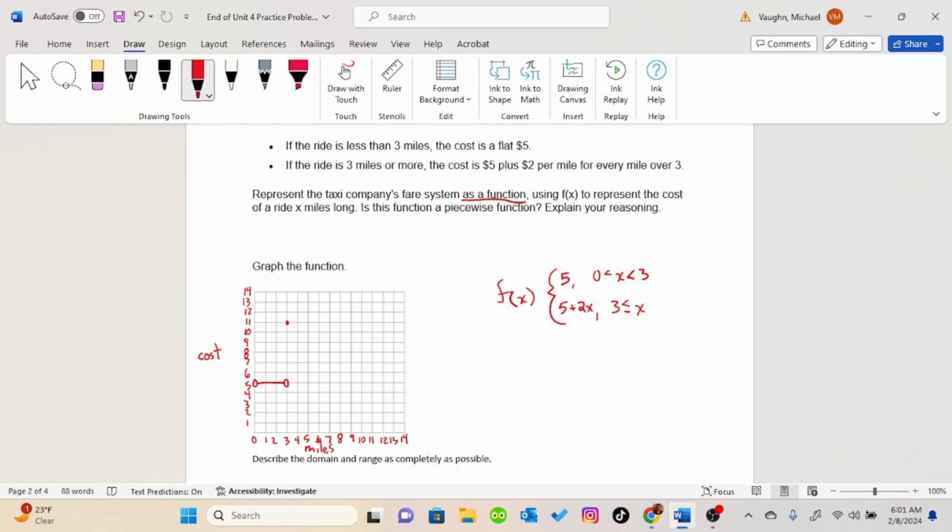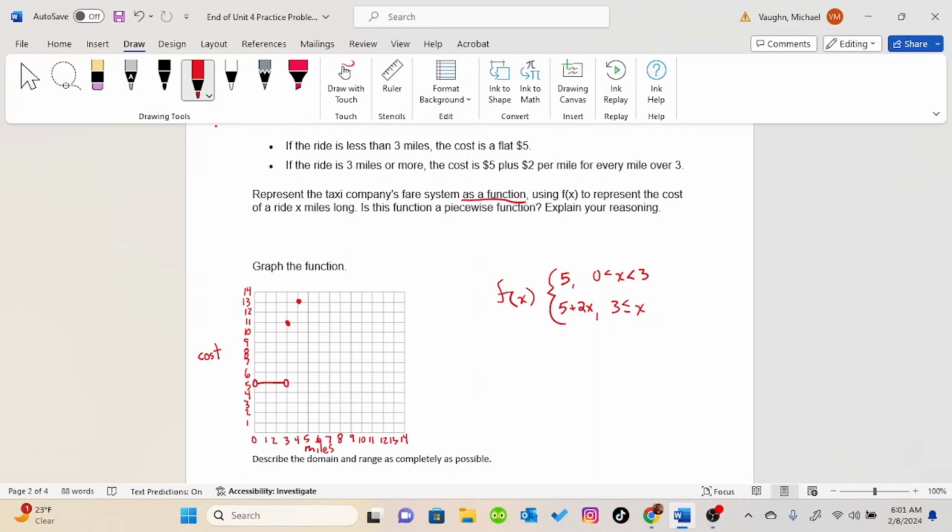So we could put a point right there. Then, if this were a 4-mile trip, 2 times 4 is 8. 8 plus 5 is 13. So at 4 miles, we would have a $13 trip. And so on.